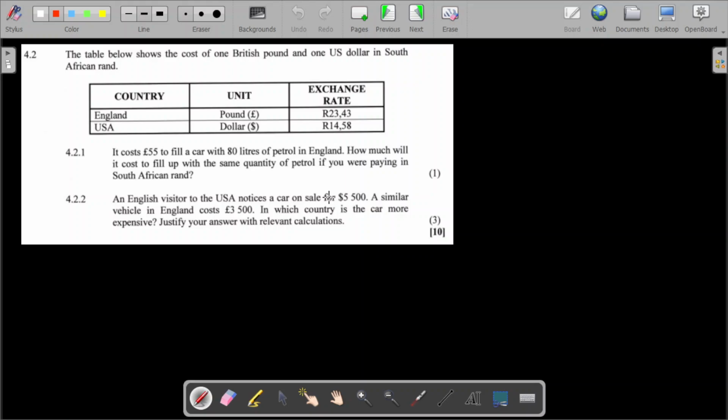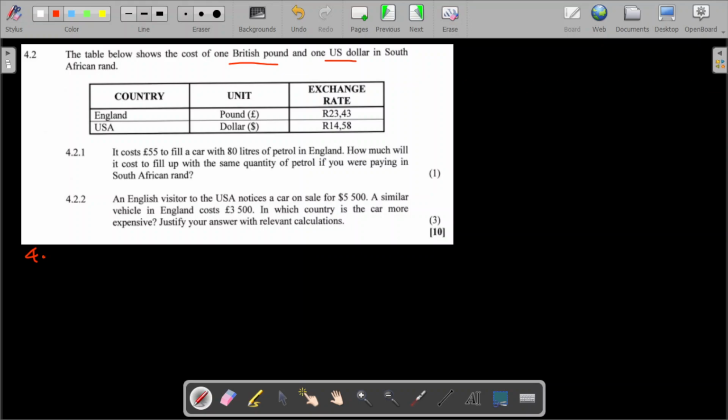The table below shows the cost of the British pound and the US dollar in South African rand. In pounds, the exchange rate is 23.43 and in dollars we have 14.58.